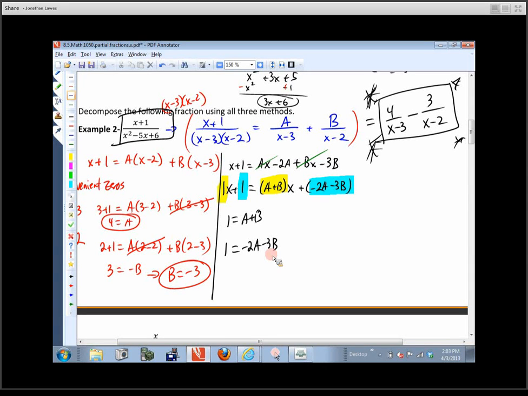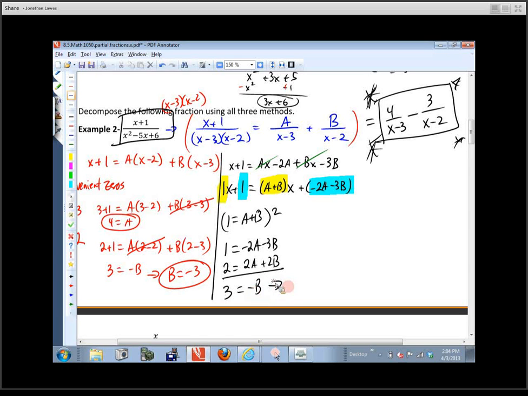And then you solve this like you would any other system of equations. Okay, I'm going to solve this one using elimination. I'm going to multiply this one by 2. So that's going to give me 2, 2a, 2b. And when I put those together, I get a 3 here, and I get a minus b.